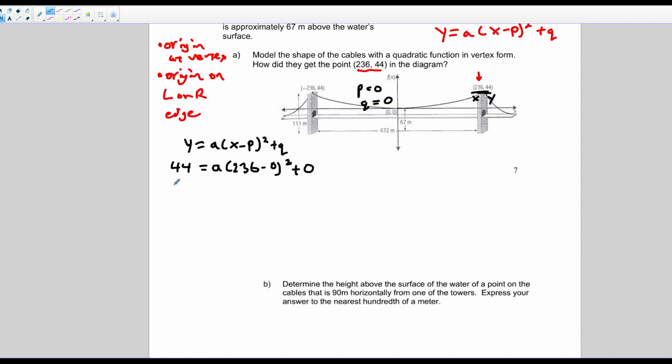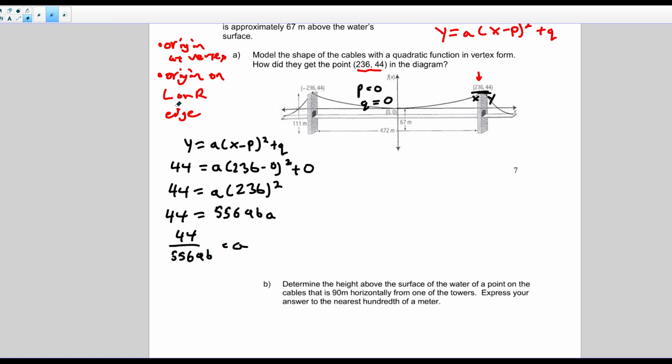From here, we simplify. 44 is equal to a times 236 squared plus 0, which doesn't really change anything. So we get 44 is equal to 55,696 a. Then we divide both sides by 55,696, and that's equal to our a value.